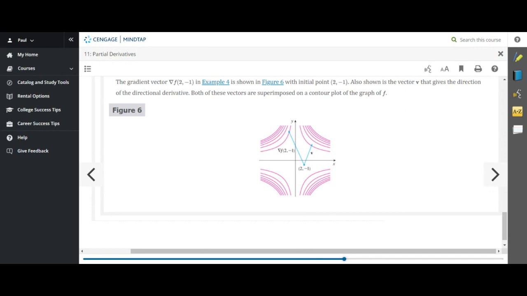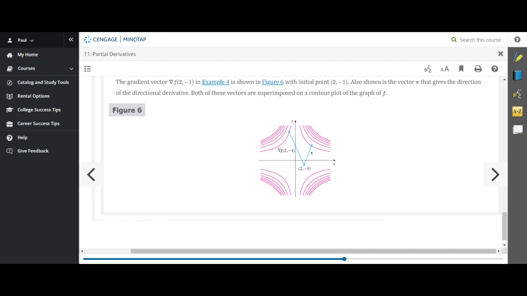Looking in the direction of that vector v, the directional derivative was computed to be 32 divided by the square root of 29. So that means the surface is increasing if we look in that direction. When x equals 2 and y equals -1, and we look in the direction of that vector v, the surface is increasing.